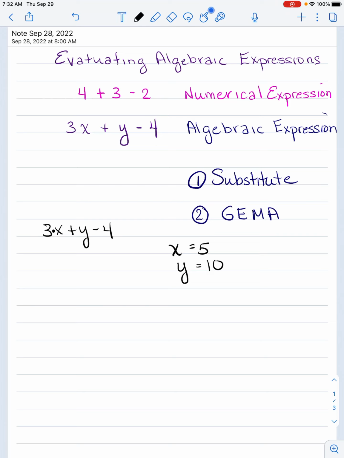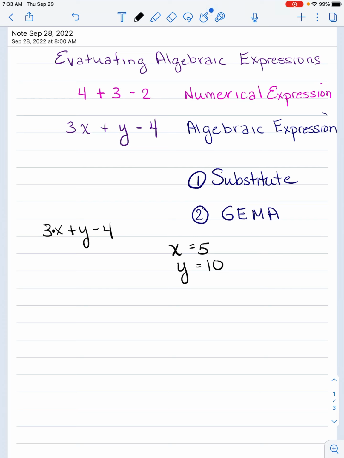The other step, and the most important one, is to use your order of operations. And you can use whatever acronym helps you. We use GEMMA: groupings, exponents, multiplication and division, and then finally addition and subtraction.